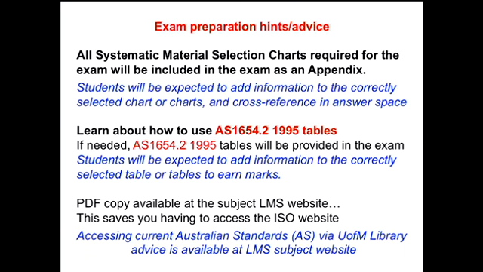This is about material selection. Just so everyone knows, there is a set of material selection charts, those black and white charts up the back of your exam, and you're expected to actively use them in a way that me or one of my helpers in the marking phase can see what you've done and where you've done it. There's not much point just putting a couple of lines here and there hoping to get a mark.